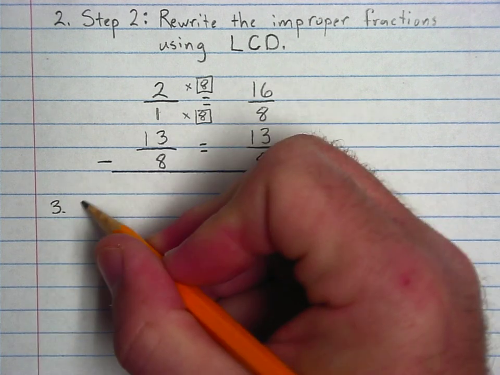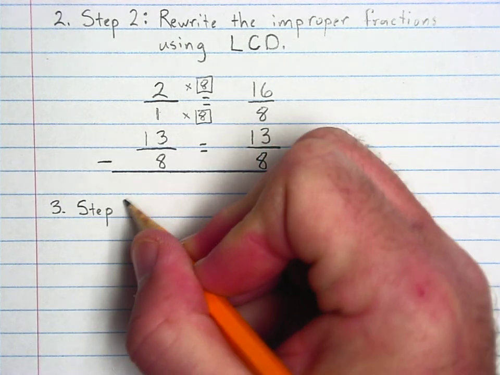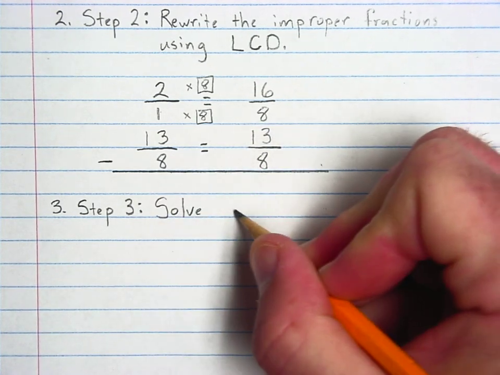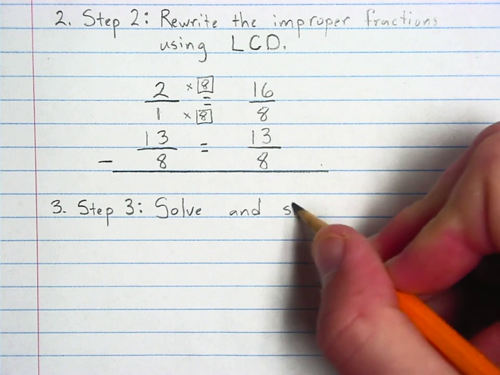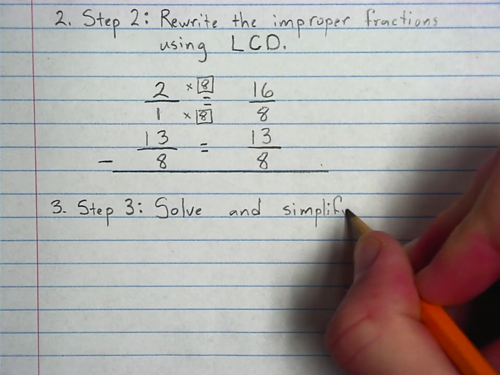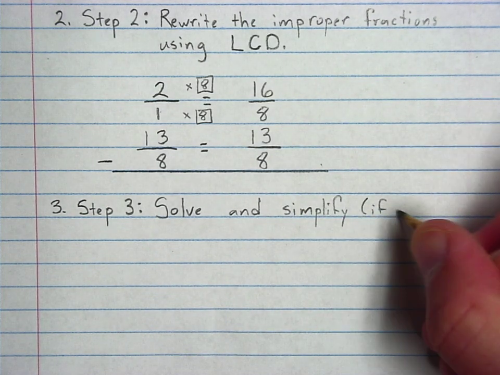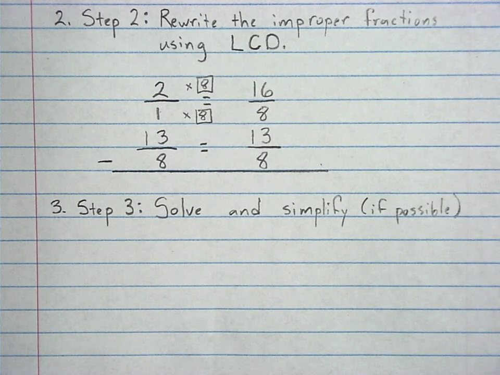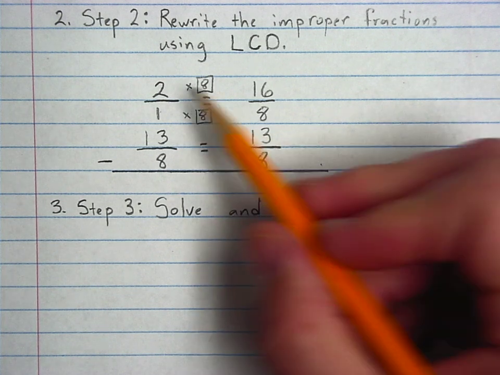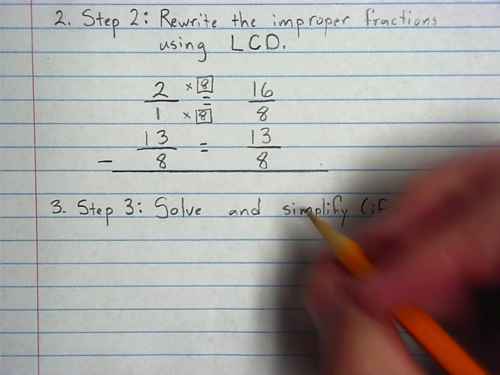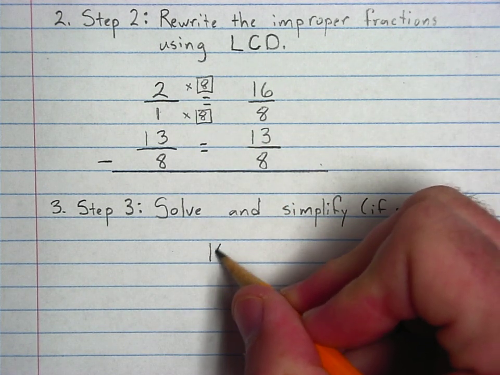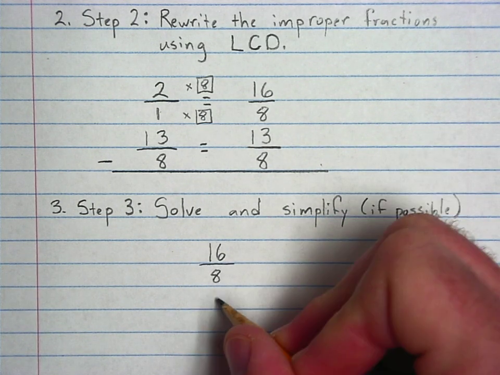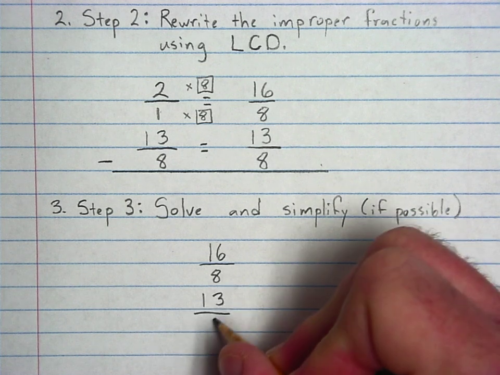So for step 3, let's just do that. Solve and simplify, if possible. I will not rewrite this entire thing. We'll just go ahead and rewrite the equivalent fractions, 16/8 minus 13/8.